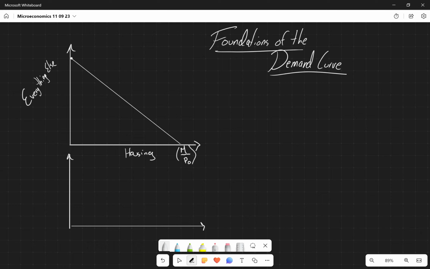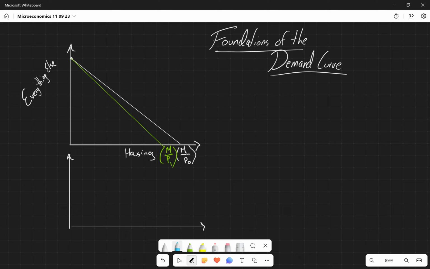So it gives us an intercept there of our income divided by that initial price of housing. And so we're told that we're going to have a price increase from P0 to P1, and then from P1 to P2, and then again to P3. So how do we represent this in the budget constraint, right? Well, this is the same as the example that we just finished. So we're going to have a new value here, m over P1, and we're going to have a rotation. So we're going to have that same starting value, but a new end value for our budget constraint.